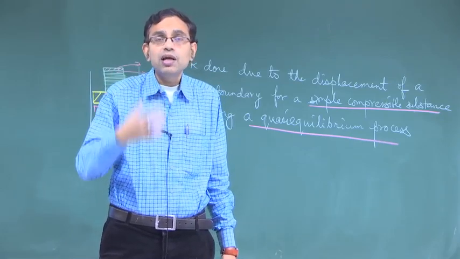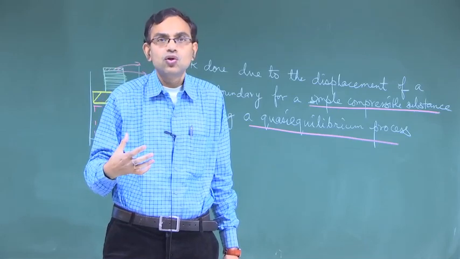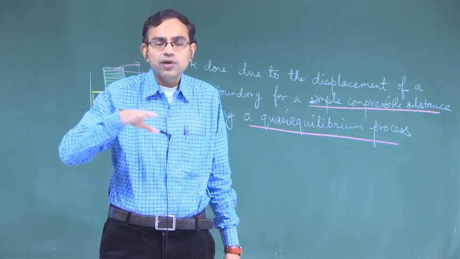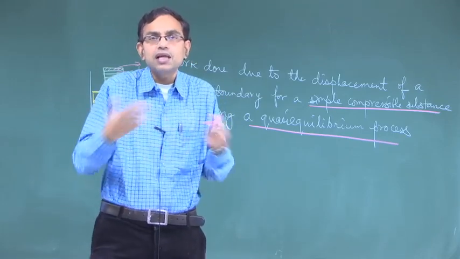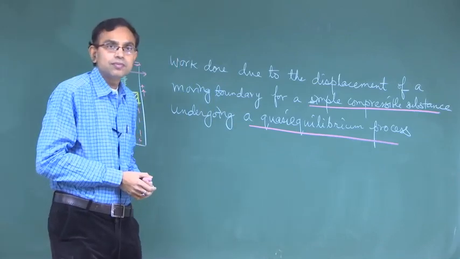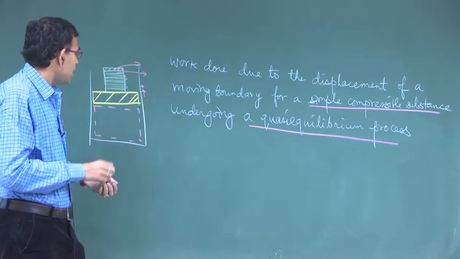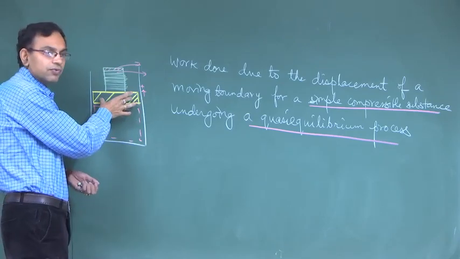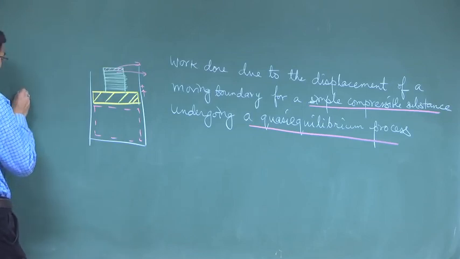If we want to give it that time, then the process has to be very slow. That is, the deviation from equilibrium is only infinitesimal, that is negligible deviation from equilibrium. So, with this negligible deviation from equilibrium, we can say that there is a balance of forces on the piston.